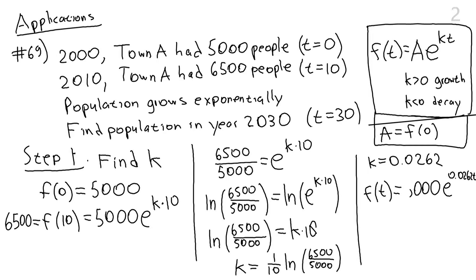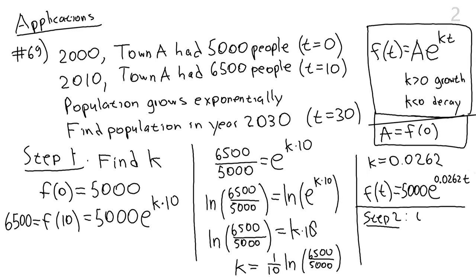Let me write it again so it's a bit more clear. This is 5,000 e to the 0.0262 t.